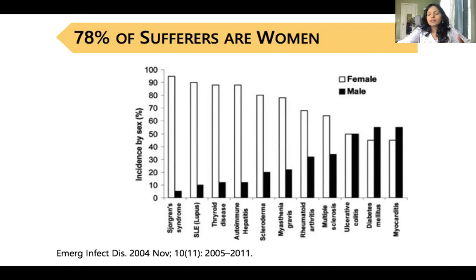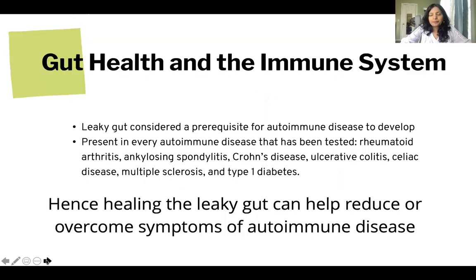So if you are a woman and you have chronic pain and inflammation, there is a good chance that you have an autoimmune condition. So definitely go to a doctor and try to push to get all your blood work done. That will help in the diagnosis of autoimmune disease.